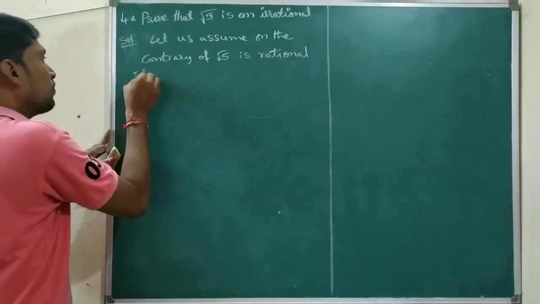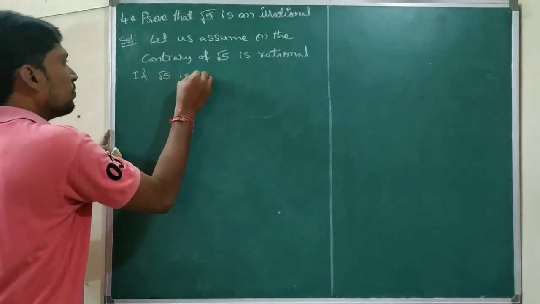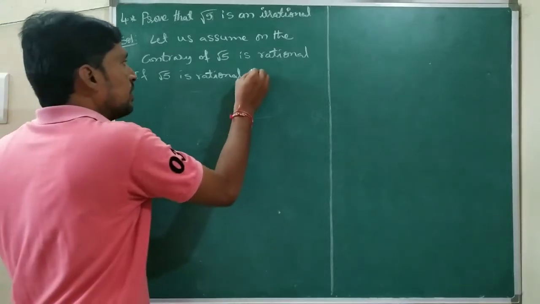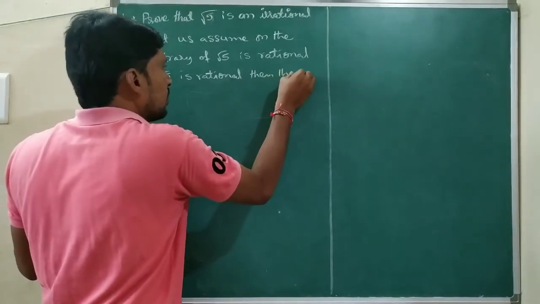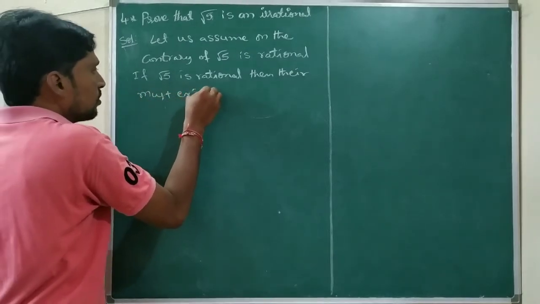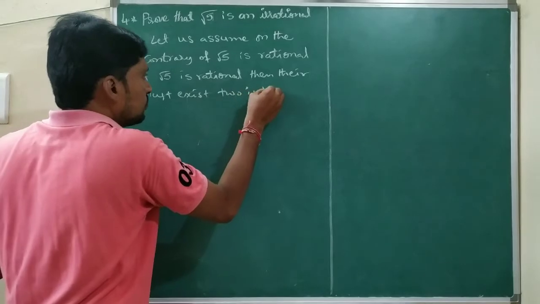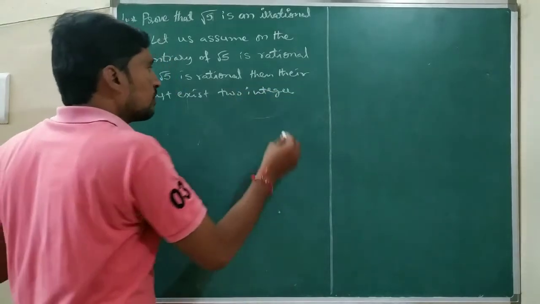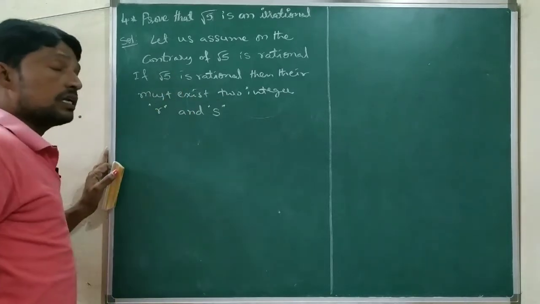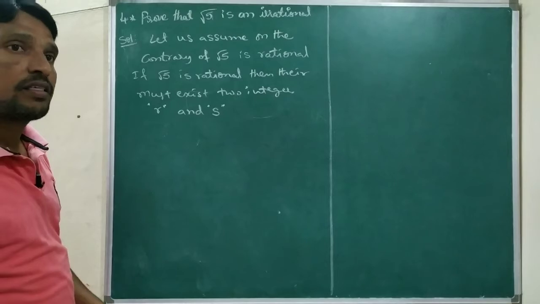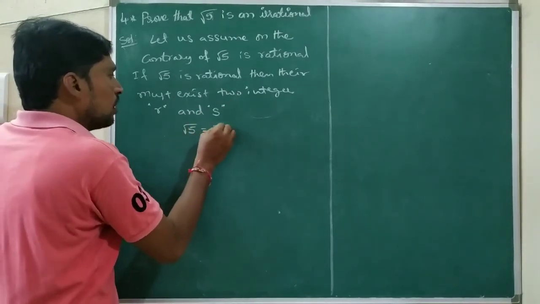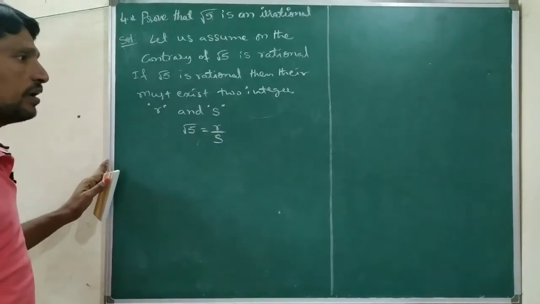If root 5 is rational, then there must exist two integers R and S. Root 5 is a rational number means it is in the form of P by Q, and we are taking R and S. So root 5 equals R by S.